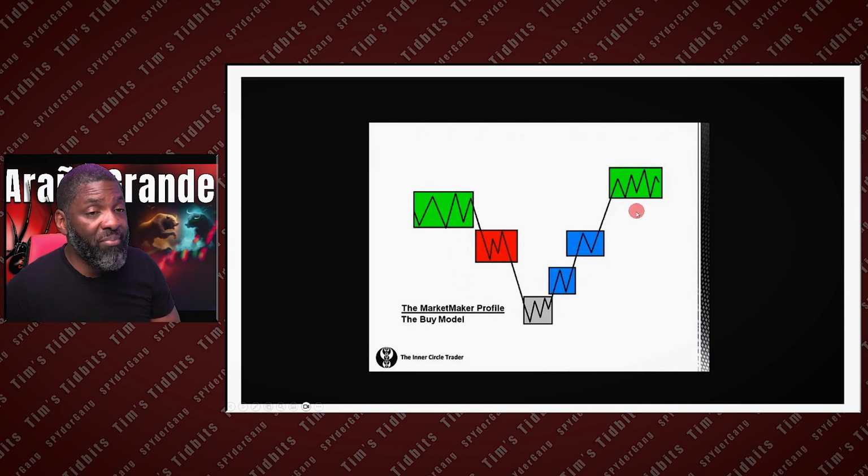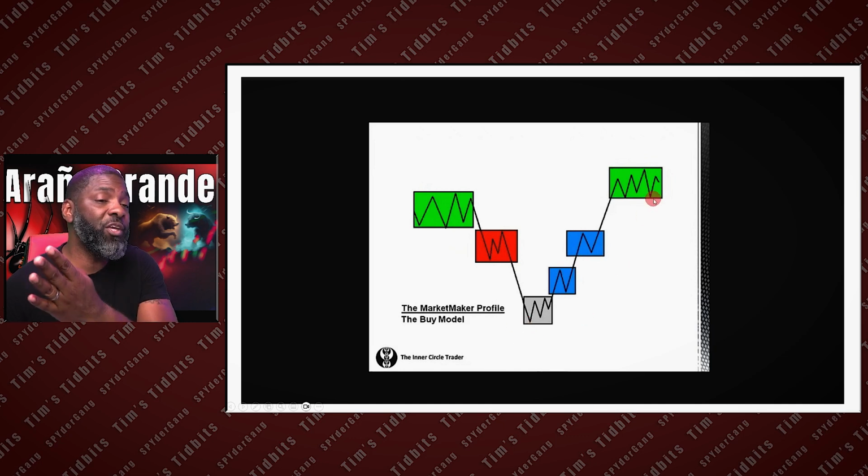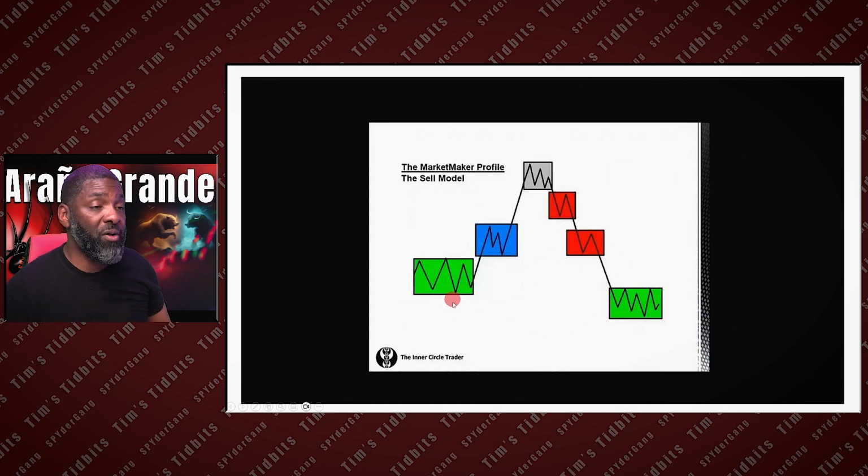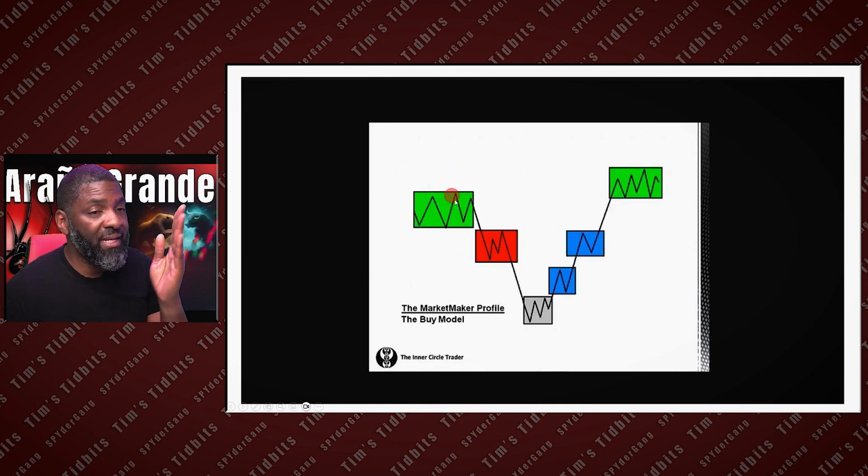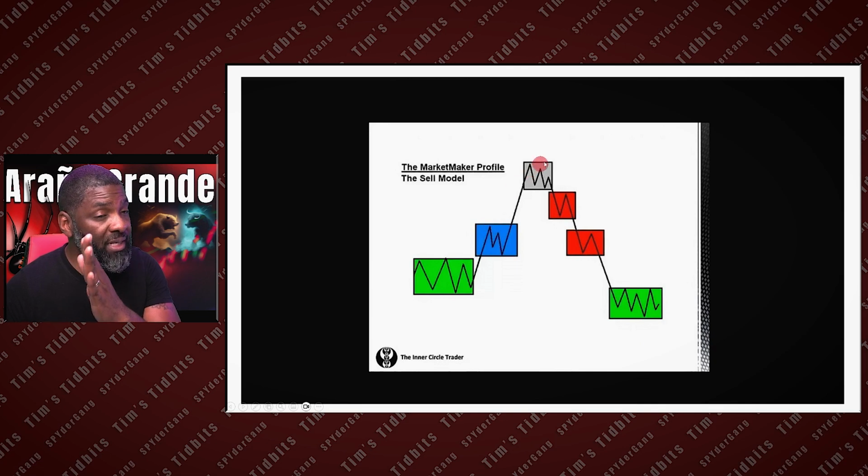So on a market maker buy model, you have distribution coming down and reaccumulation going up. Now, on a market maker sell model, you have accumulation going up and redistribution coming down, right? We got it? So we got distribution and reaccumulation, and we have accumulation and redistribution, right?